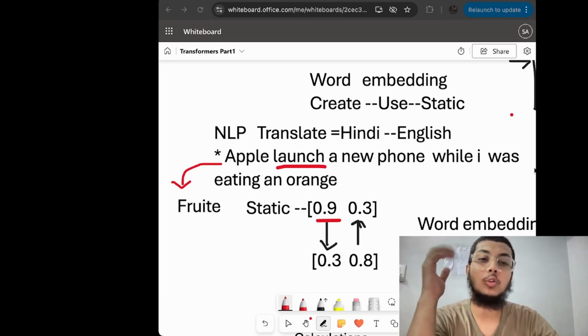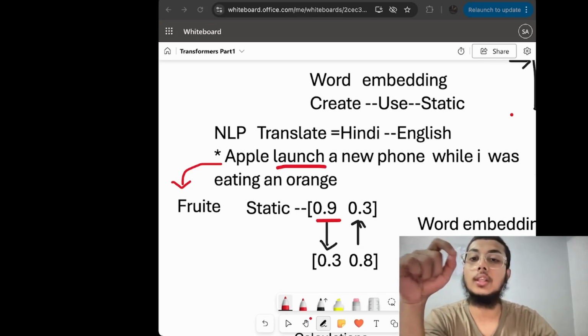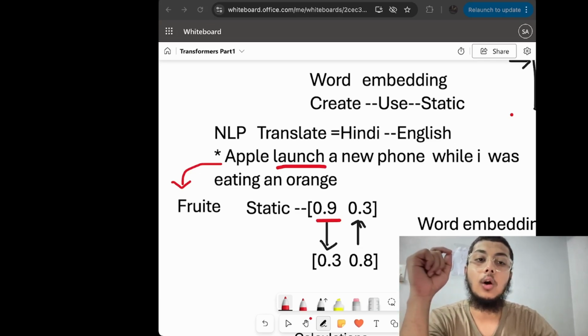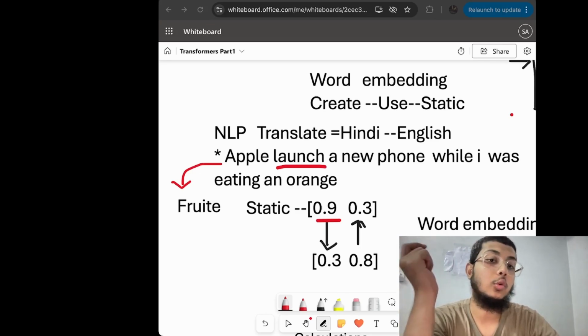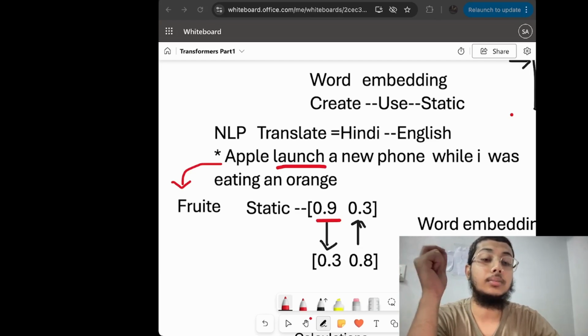And it should be so smart that it does not get confused by orange, because orange is also used in this sentence. We need such smart contextual embeddings that can adjust their values according to the context in which a particular word is used in a sentence.